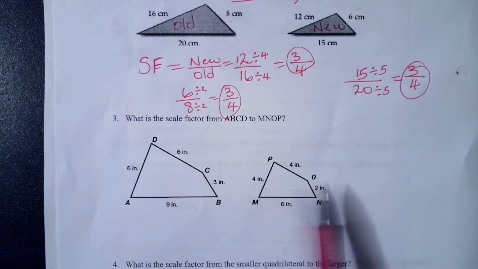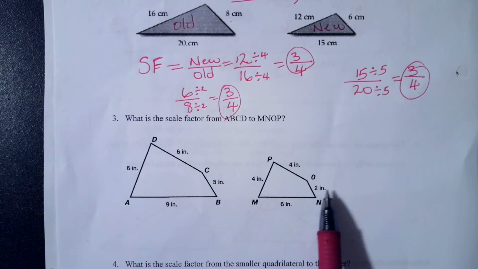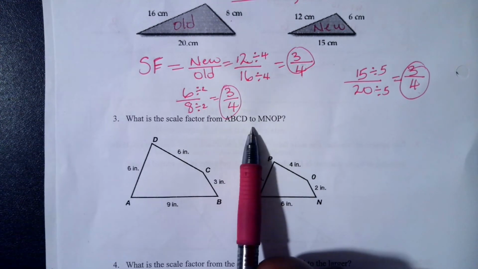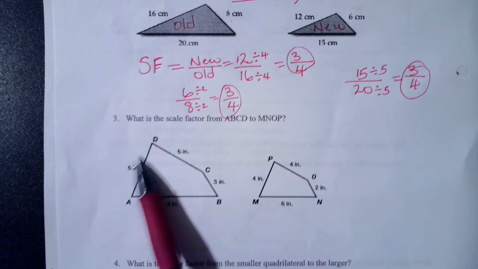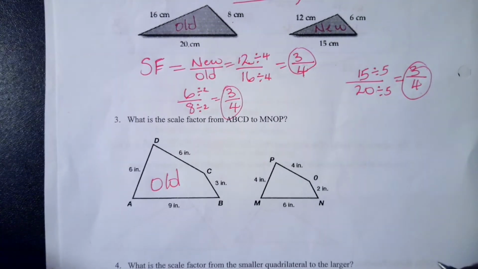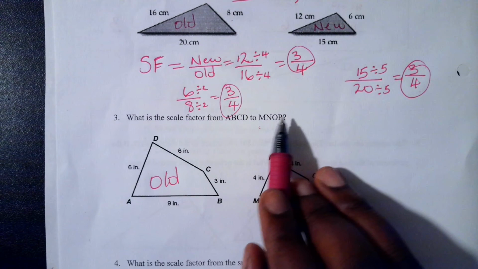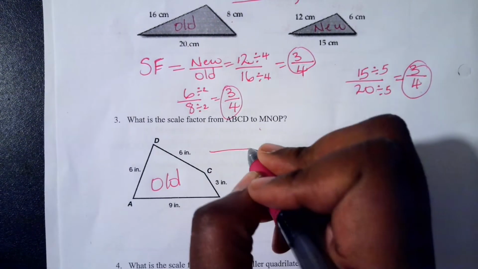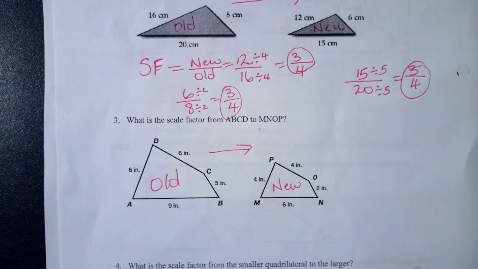Identify which of your figures is old, which is new. We are coming from A, B, C, D, so A, B, C, D is the old. Any one you're coming from, that's the old figure. We are going to M, N, O, P. That's our new figure. So that's the direction in which we are going.